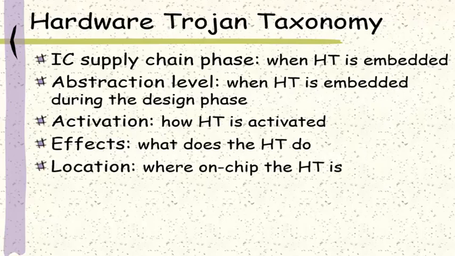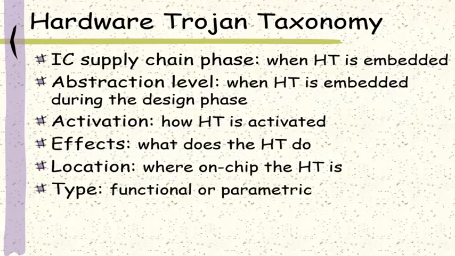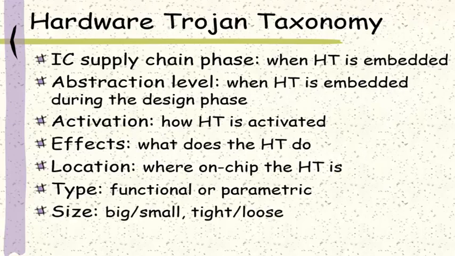Which system components or where the hardware Trojan will be inserted into, such as the processor, memory unit, or clock networks. Whether the hardware Trojan is functional or non-functional. In the case of non-functional, it is also called parametric hardware Trojan. Are the hardware Trojans big or small, tight or loose?